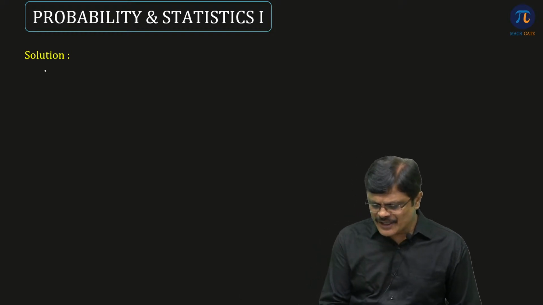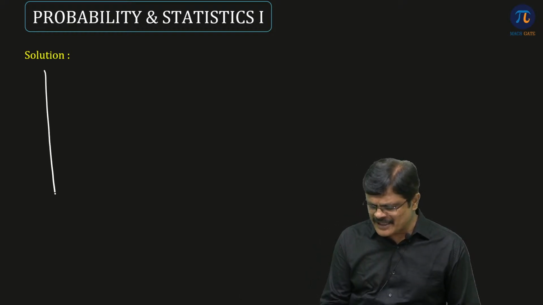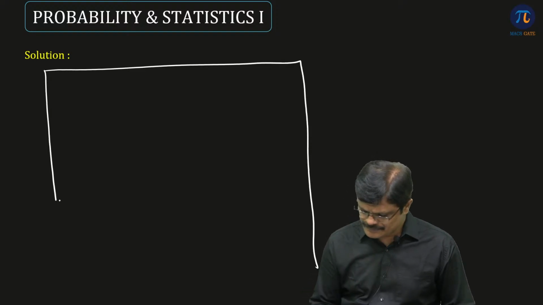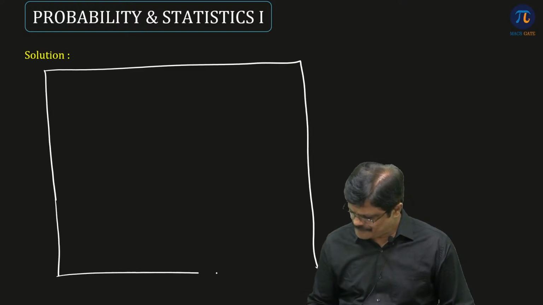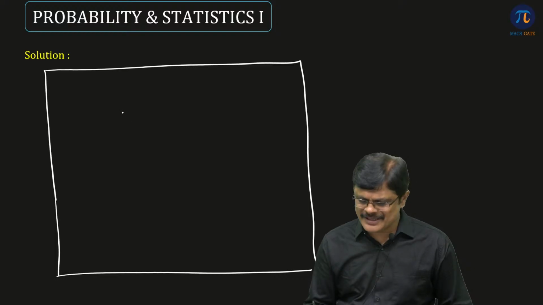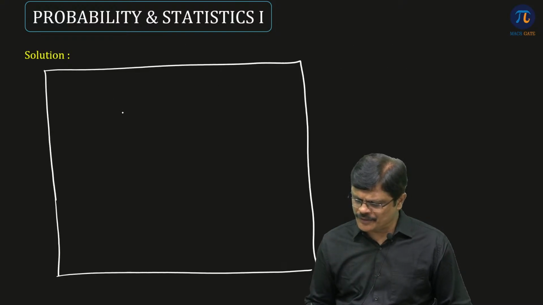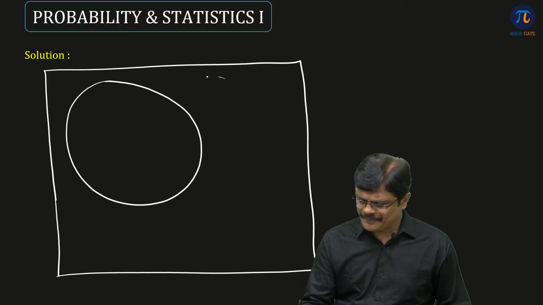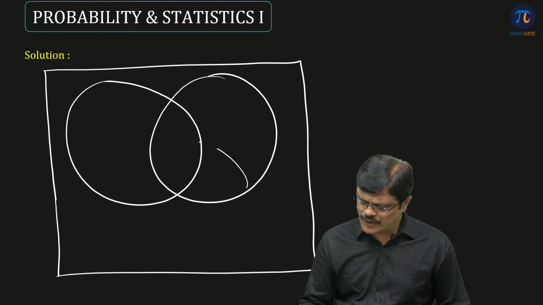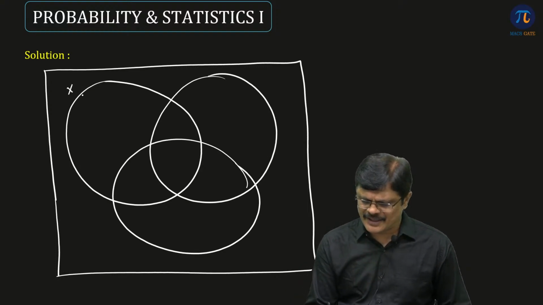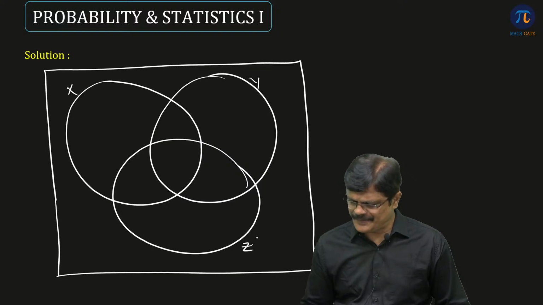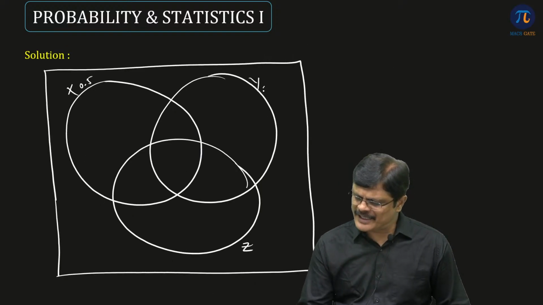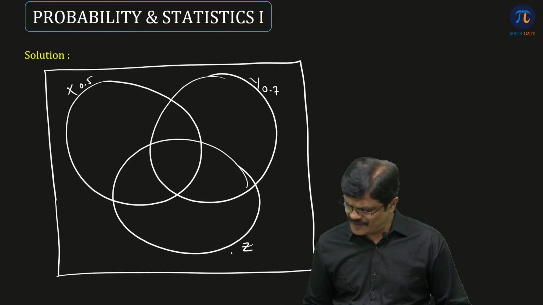Here we can actually create this particular situation where this is the universal set. How many students, we do not know. What is the total probability? 1, with X solving, Y solving and Z solving. The probability of X solving is 0.5, Y solving is 0.7, Z solving is 0.8.